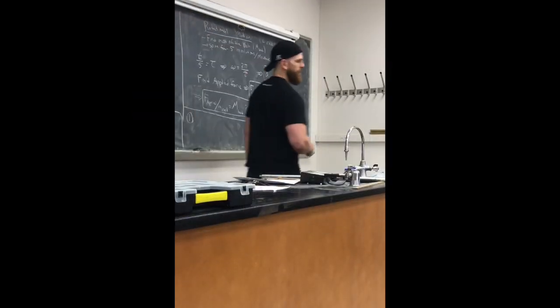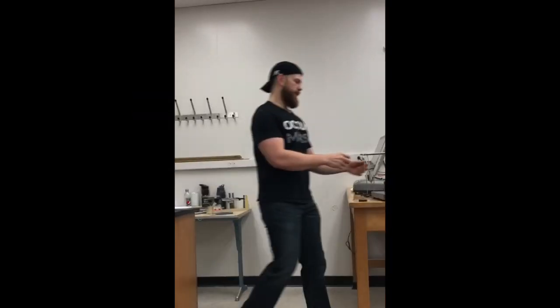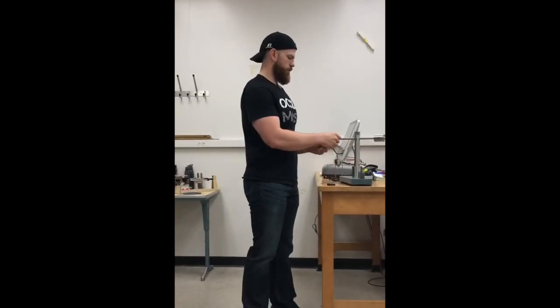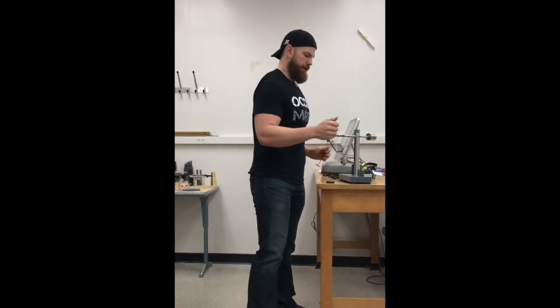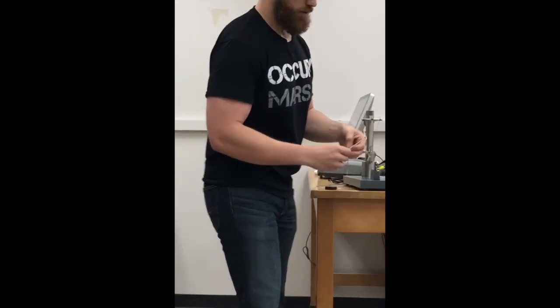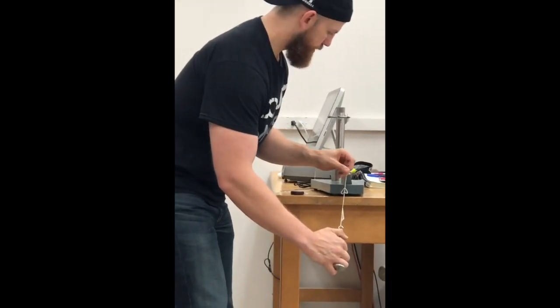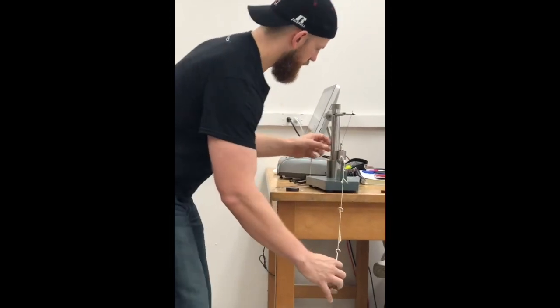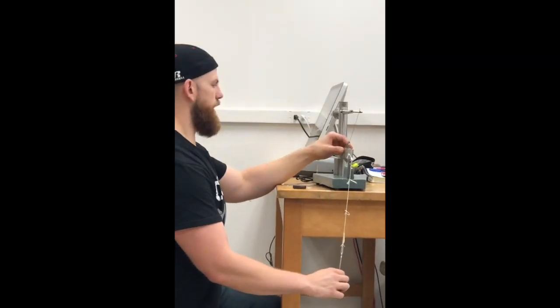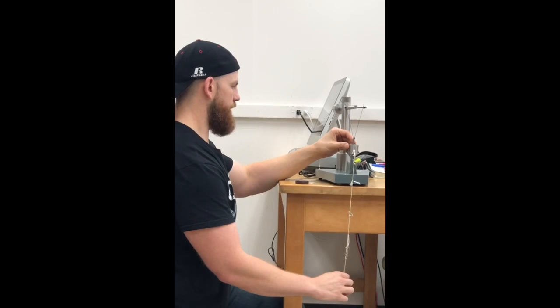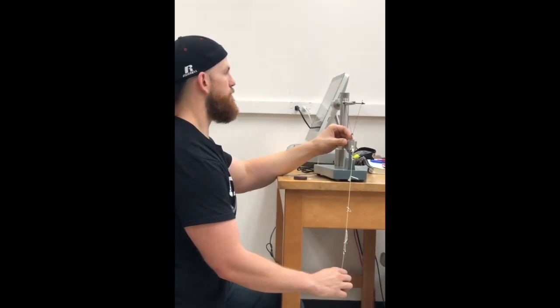The next step is to find the applied force that you need to get out to that radius. So what I'll do is suspend a mass on a hanger over the edge like so, and I will add mass and continue to add mass until I reach the given radius that I measured for those oscillations.